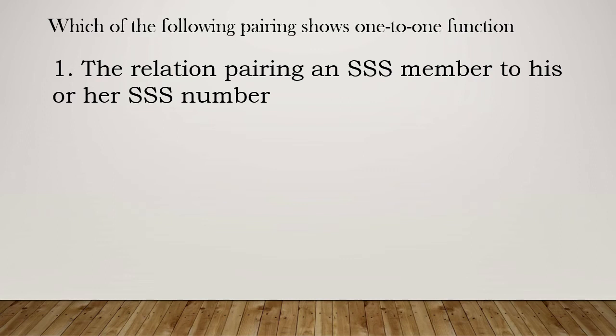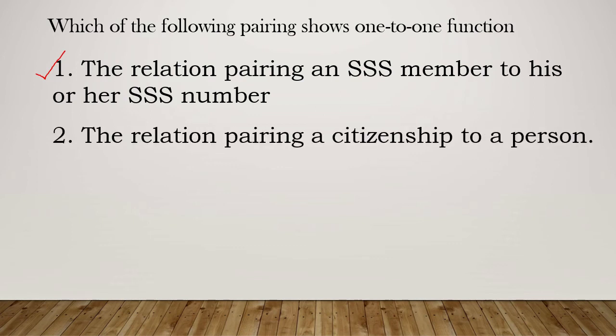Is it possible for an SSS member to have more than one SSS number? Of course, it is impossible for a person to have two SSS numbers. And therefore, this pairing shows a one-to-one function.